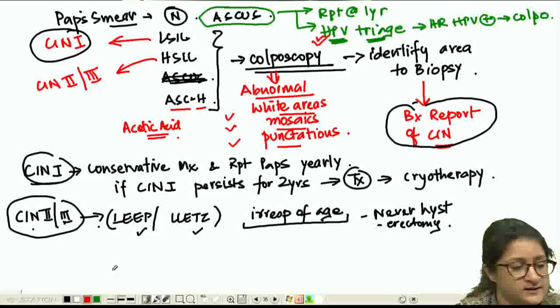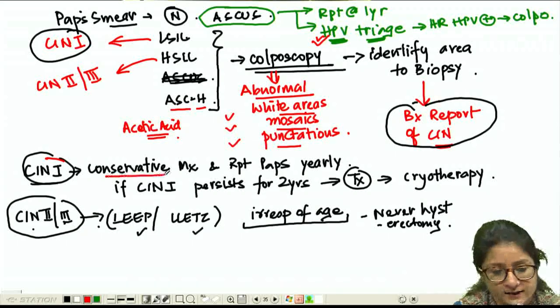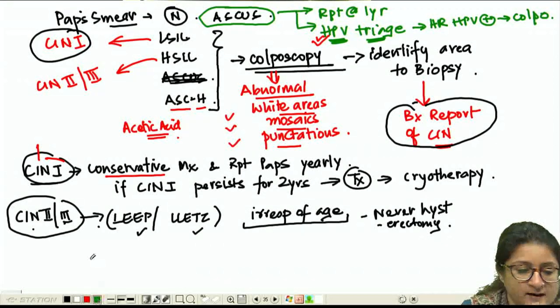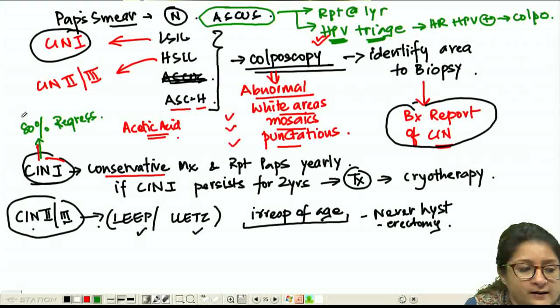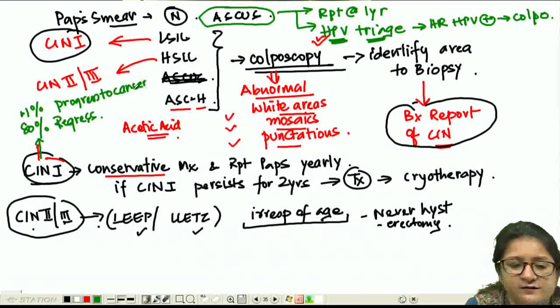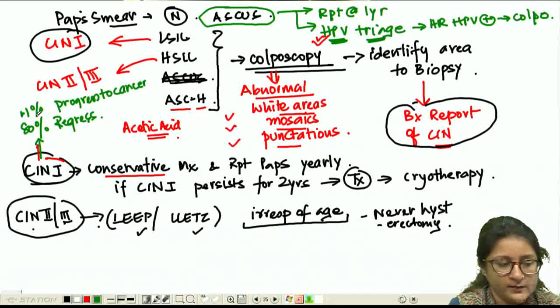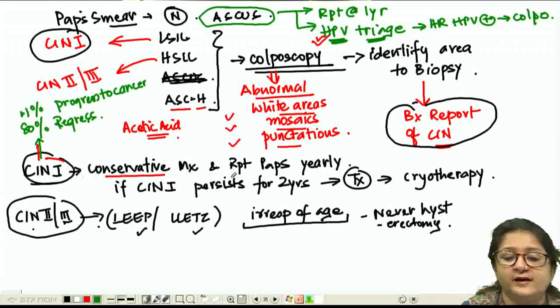Now the reason for this is that with CIN1, why are we going for conservative management? Because in CIN1 we understand that 80% of CIN1 is actually going to regress, right? And only about 1% is going to progress to cancer, and the remaining 15 to 20% persists. So 80% is regressing, so we give that time for 80% to regress in the next 2 years.